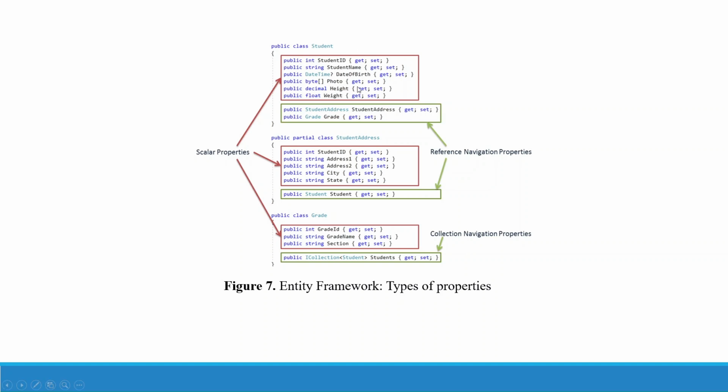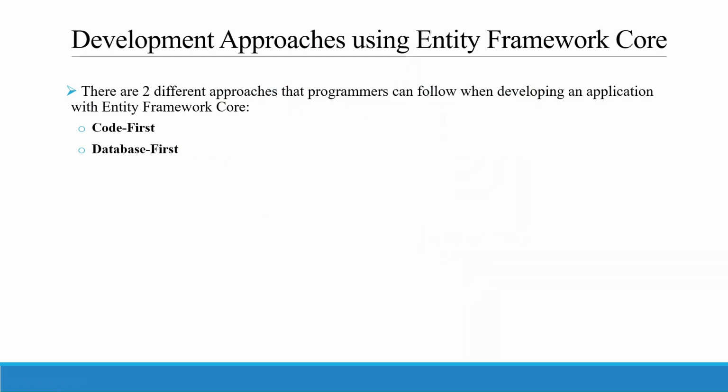For instance, a student has an address and a grade, okay? In this example, a student can have only one grade. In real life, yeah, it can have more. Okay, and the grade can have more students. Yeah, here we have a collection of students, the list of students that got that grade. So this is a collection navigation property. We can access all the students that received a particular grade.